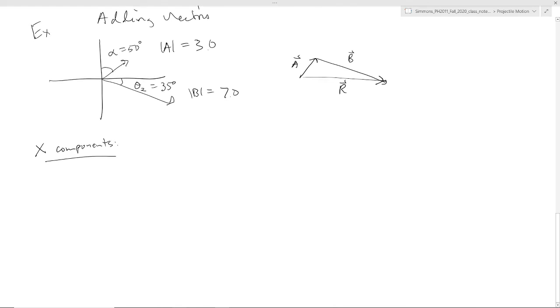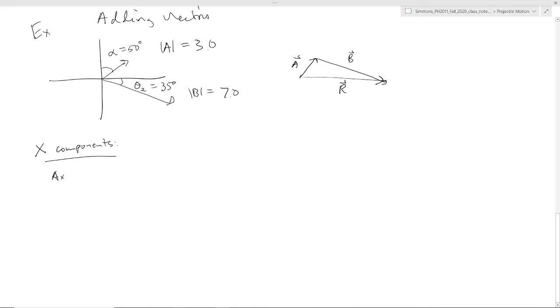So if we look at A, if we want the x piece of A, now notice I put this off the y-axis intentionally just to draw your attention to the fact that if you want the x piece of this, that would be sine alpha.